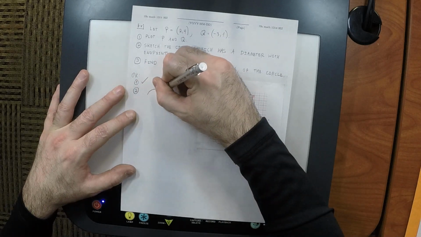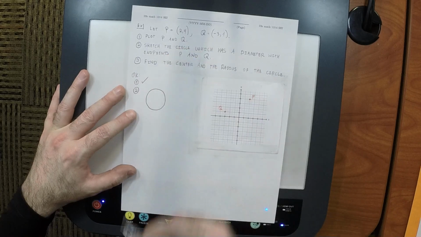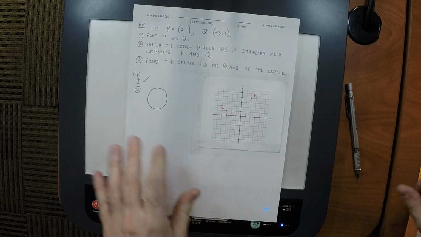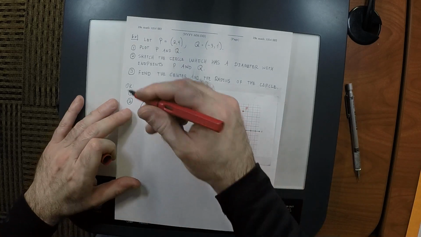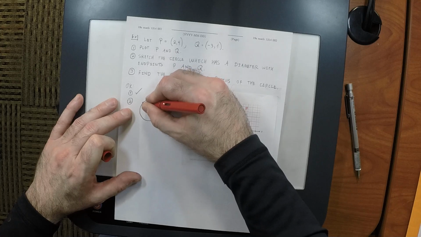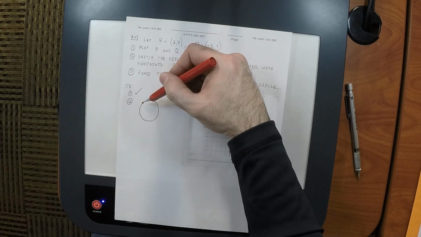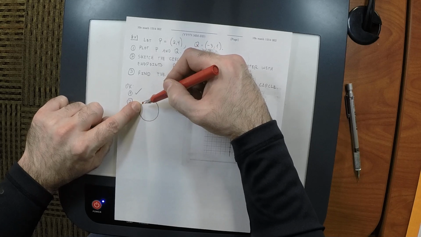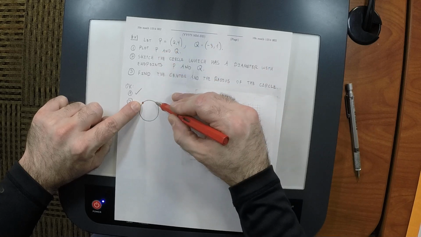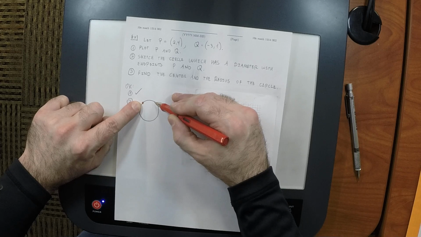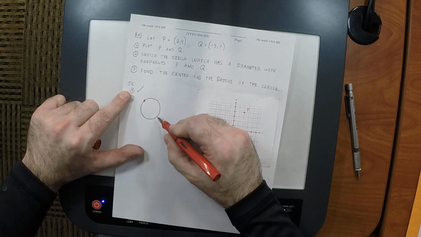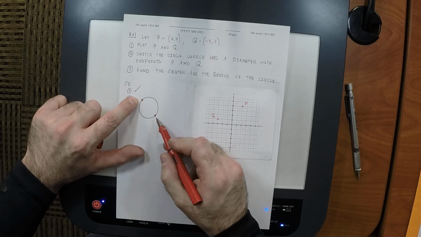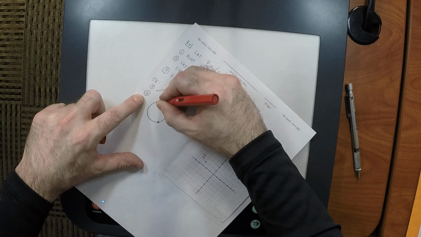If you have any old circle whatsoever, and you choose some point on the circle, then corresponding to that point is another point that is the furthest possible point from it. There's another point on the circle, but is that the furthest away you can get? Nah, you can get further away. So the furthest away you can get, according to my eye anyway, is about right there, like that.